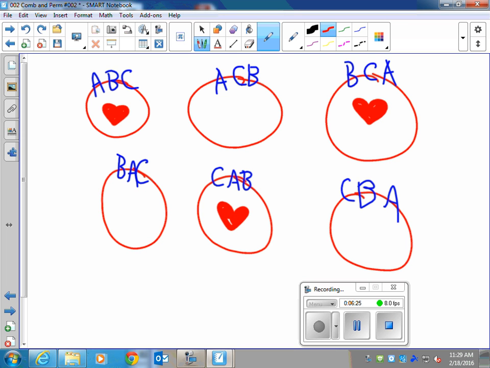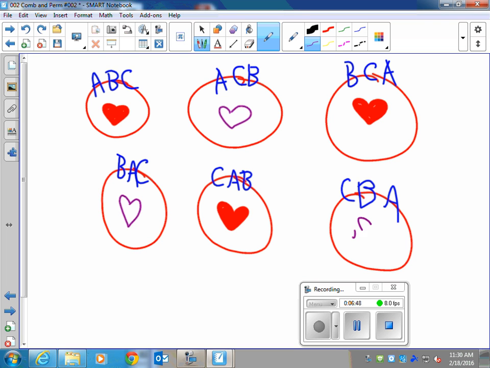And you would agree that these other ones are different, but are you noticing that ACB is going to be the same as BAC? Because you could bring the C around and the A around, and you'd be good. So yeah, that would be the same. And is this the same as ACB?